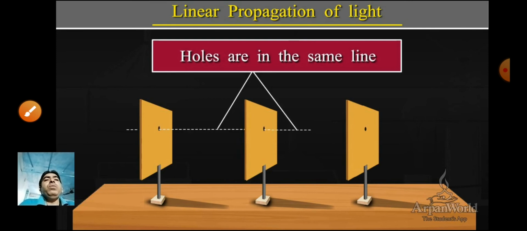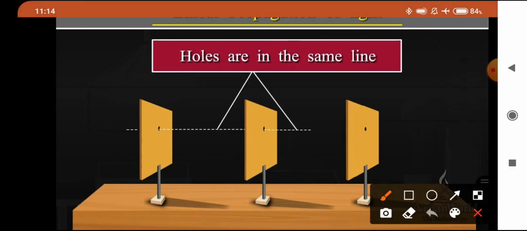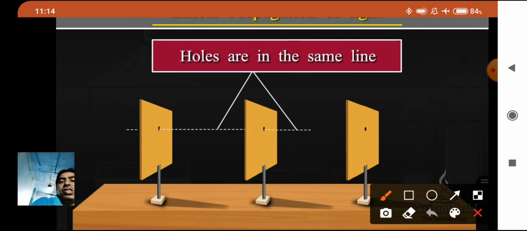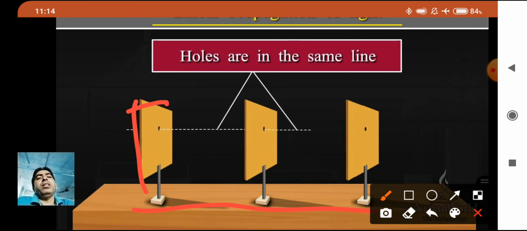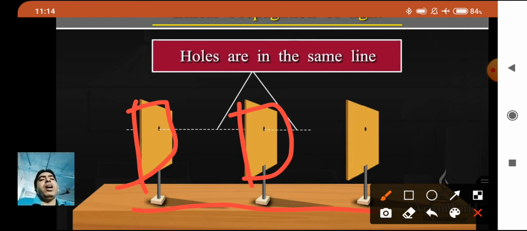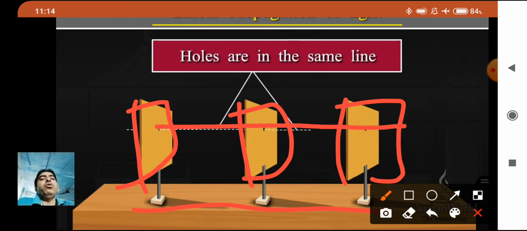So this is called the law of reflection of light. Now we will see the linear propagation of light. In this we will see holes. We have taken three cardboards and put a hole at the same height and the same distance.